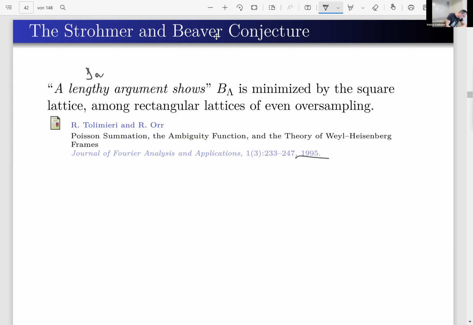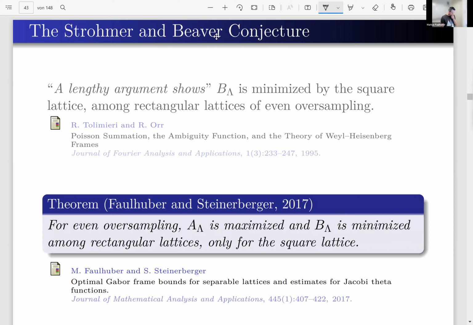And actually, they refer to private communication with Janssen. In 2017, Stefan Steinerberger and myself could not only show that B lambda is minimized in this case, but also that A lambda is maximized in the case of even oversampling among all rectangular lattices only for the square lattice. In particular, this implies that the condition number is minimal in this case.